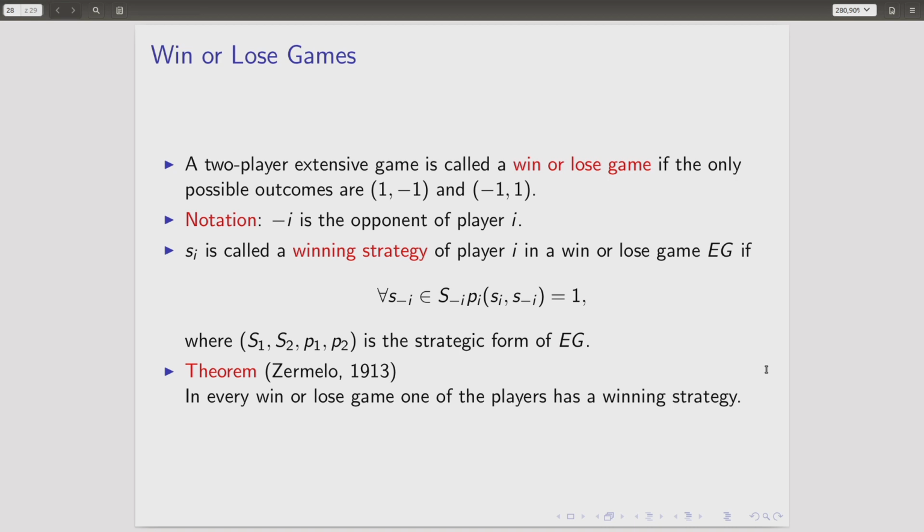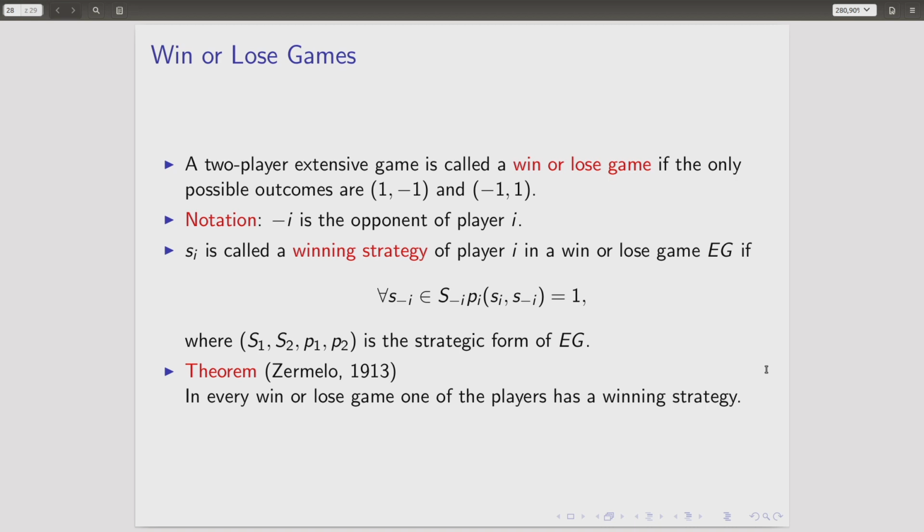So now this opponent notation still holds. There is only one opponent, so opponent of player I is -I. And now we have a crucial concept which does not make sense in a more general context of a winning strategy.